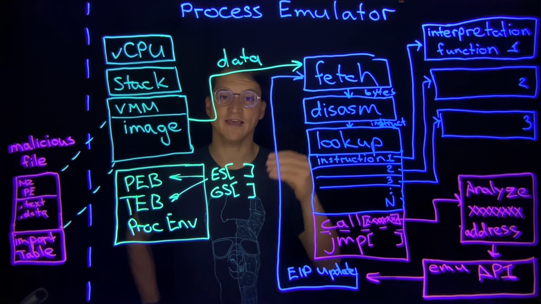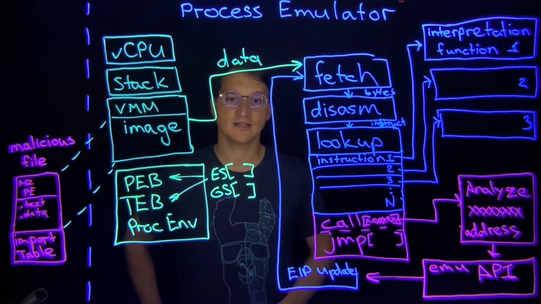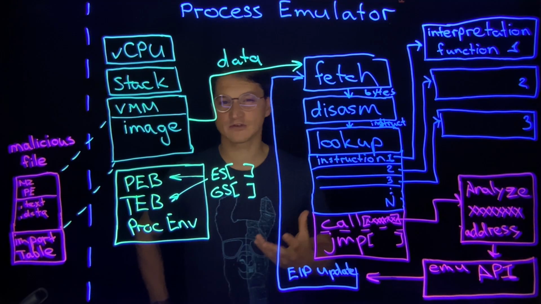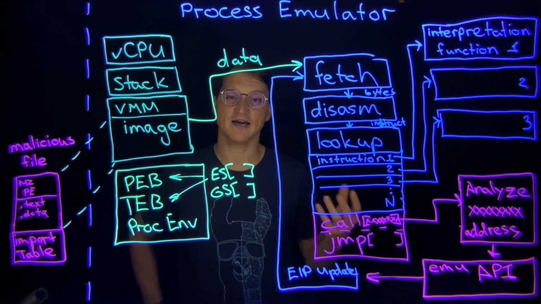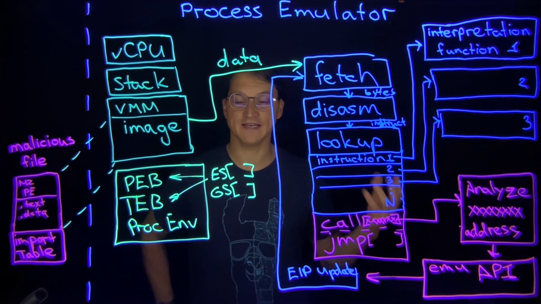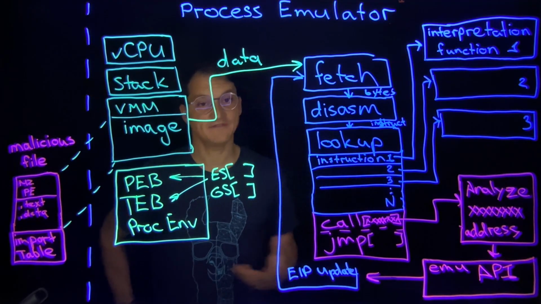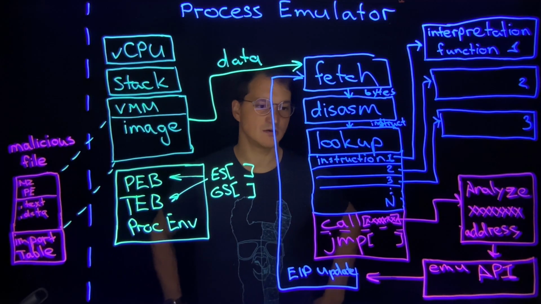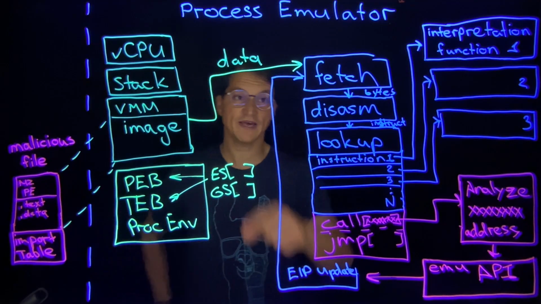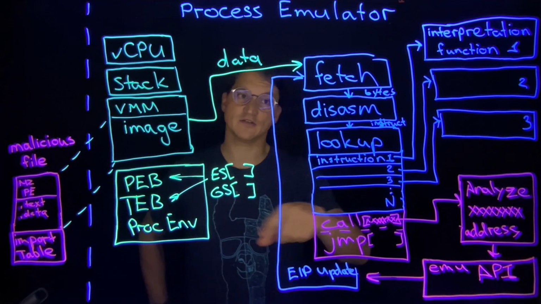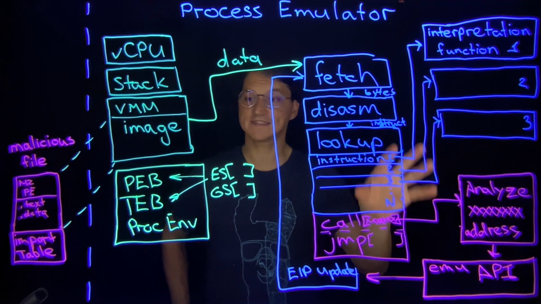Is it just EAX, or is it a structure the function needs to allocate, or 0, or fill with certain data in case the API expects return data to be returned through a reference or a pointer? So each API has to be emulated, and then the emulation goes back to the original image, and the whole cycle goes again. That's the second addition.